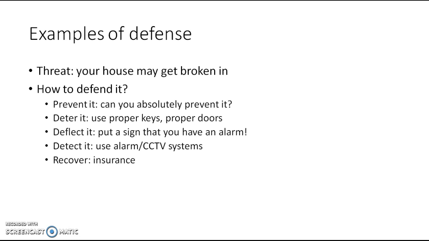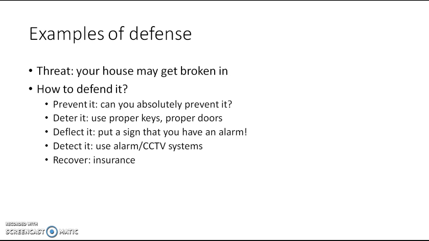Deflect means you give another path, or you put up a sign that you have an alarm. For example, you can put CCTV cameras, or you can put a sign that you have an alarm, so if the robbers enter, you will be informed about that. Next one is detect: use alarms and CCTV cameras.